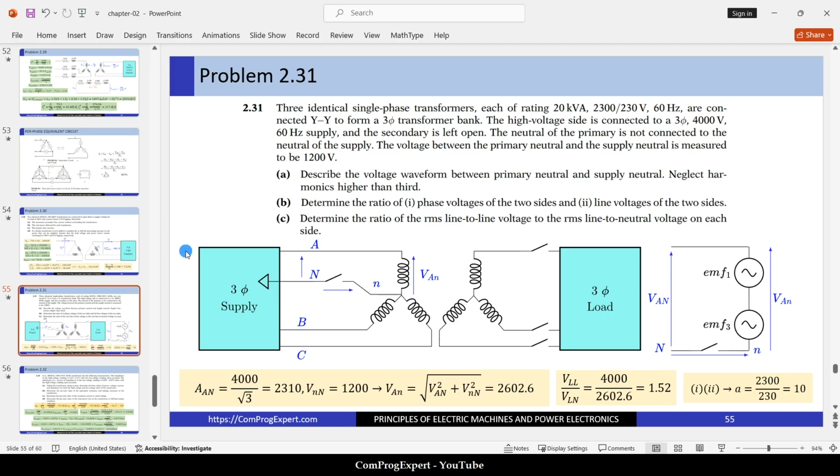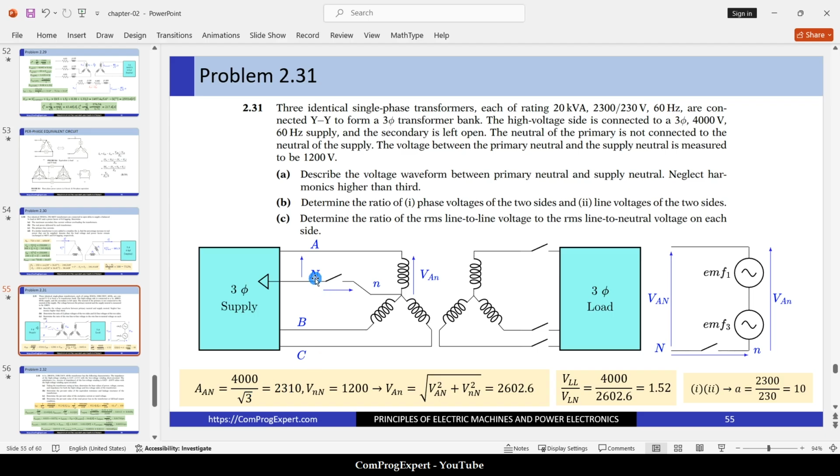So what about our case? We have the voltage of the A line with respect to N. The supply line to line voltage is 4000 volts. So A with respect to N is 4000 divided by the SQRT of 3. That is equal to this one.